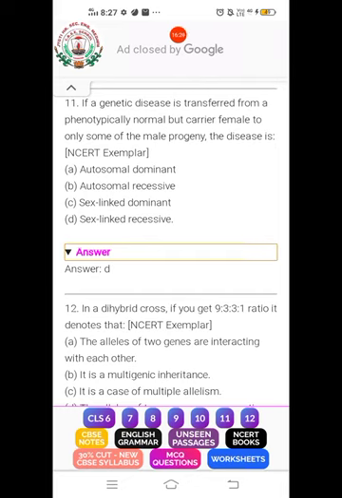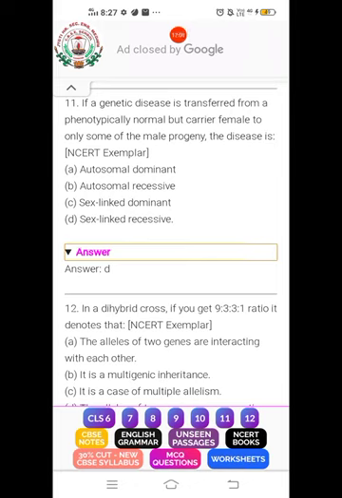Sex-linked recessive means what? That particular gene is located in the sex chromosome, especially in the X chromosome, and it will appear only if both the alleles are recessive, isn't it? Especially in males, XY chromosomes are there, so males will have only one X chromosome, and if that contains the recessive allele, then that particular character will appear in that male, isn't it?